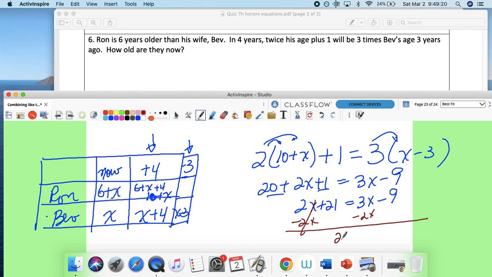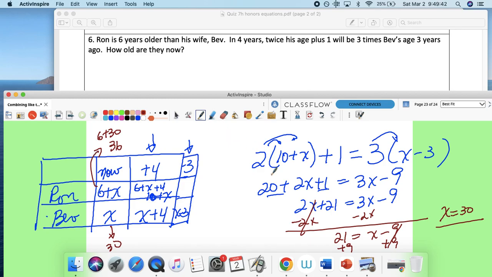That goes away, 21 is left over, and this is x minus 9. We're going to do plus 9 here and plus 9 here, and obviously that goes away, and x equals 30. So Bev is 30, Ron is x plus 6, so 6 plus 30, 36.